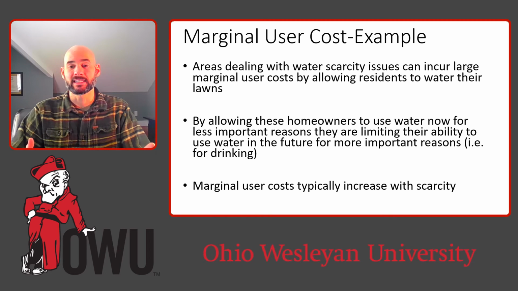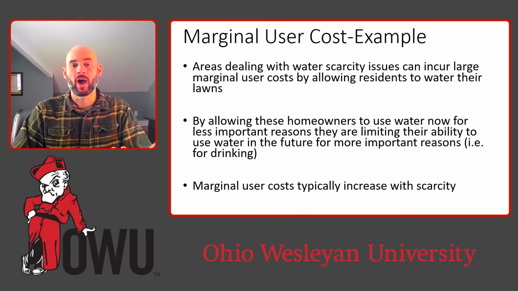And as many of you may know, one of the largest draws on water consumption in places like California, Arizona, is using it for external landscaping, not for what we think of as being more important reasons like drinking or sanitation or flushing waste.